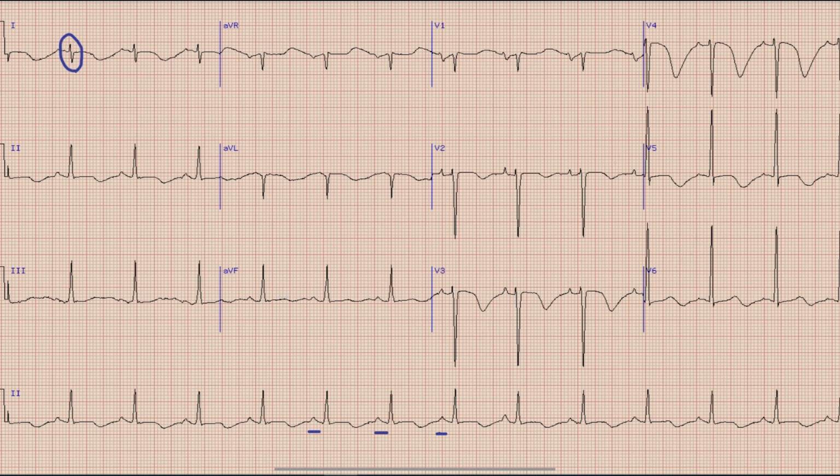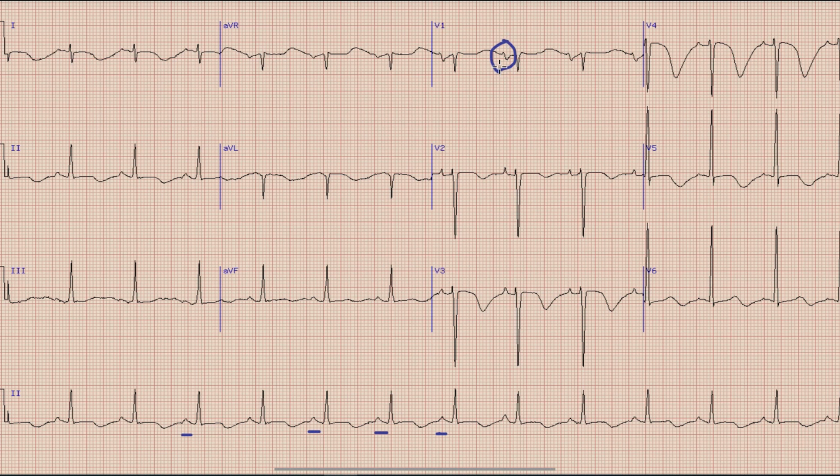After the axis, another important finding which we can see here is that the P wave in lead 2 is broad. Normally the P wave is less than 2.5 small squares, but here you can see that it is more than 2.5 small squares wide. Similarly, in lead V1 you can see that the P wave is biphasic.